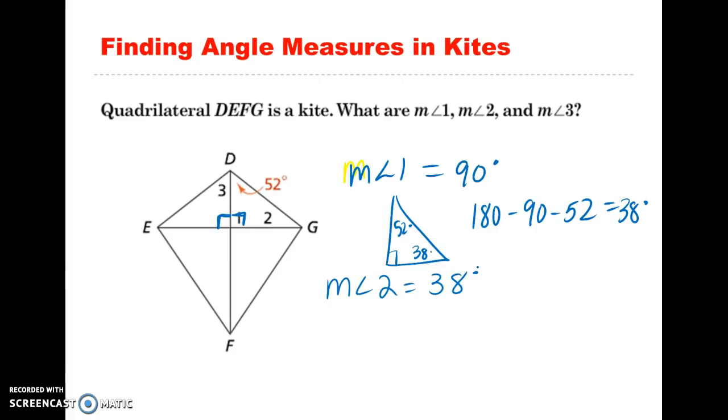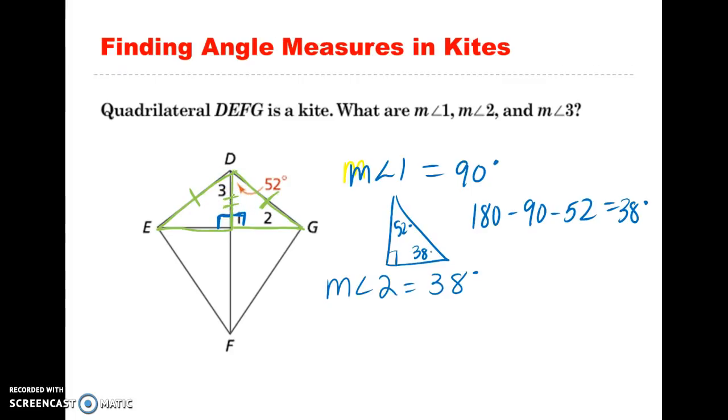Measure of angle 3 is a little trickier. You kind of have to use your knowledge from Math 1 and congruent triangles. Looking at this kite, it's just a bunch of tiny triangles, this is a right triangle, and on the right side is a right triangle. Since it's a kite, I know that ED is congruent to GD, and that this piece is congruent to itself.